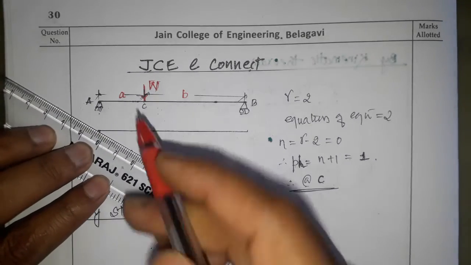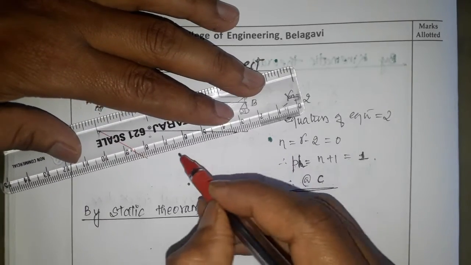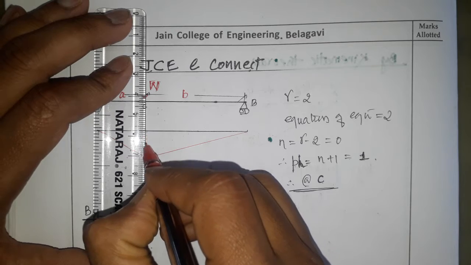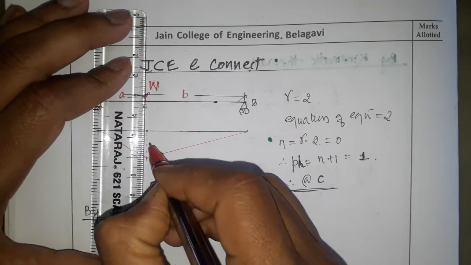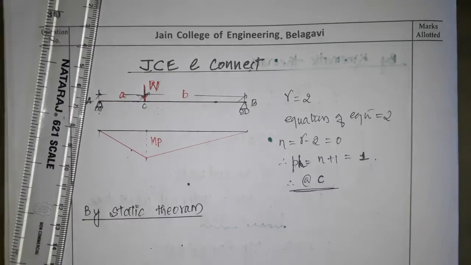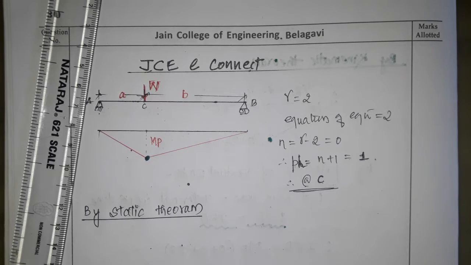The maximum ordinate of the bending moment will be at C, which is nothing but Mp, and we have the plastic hinge at C.